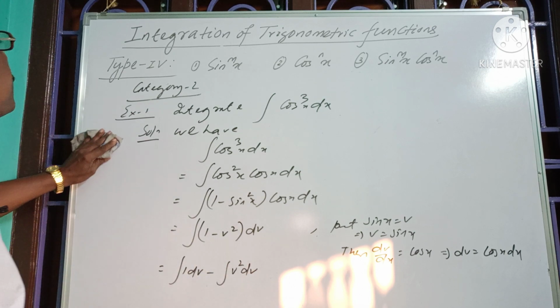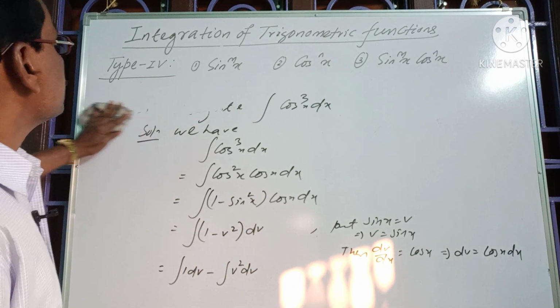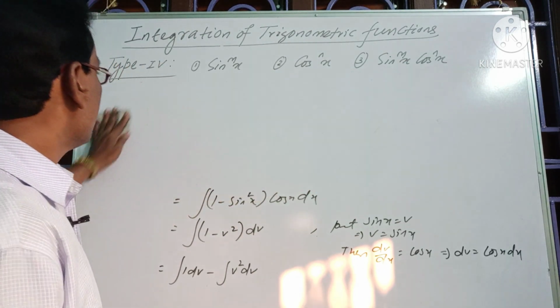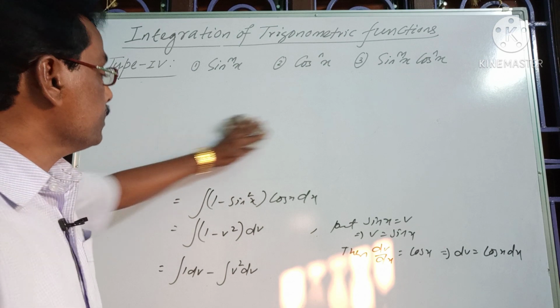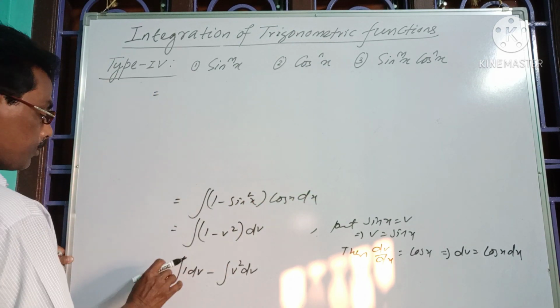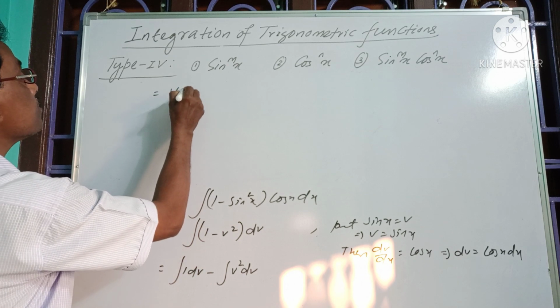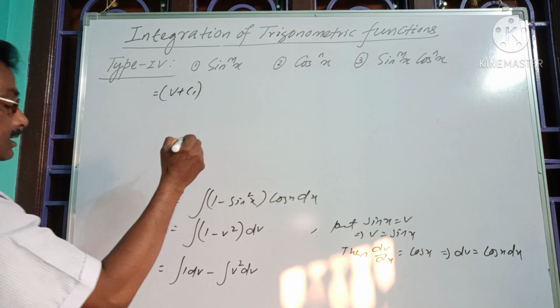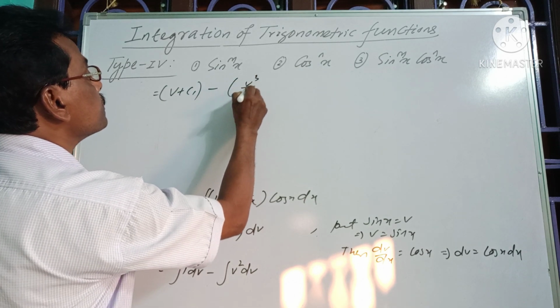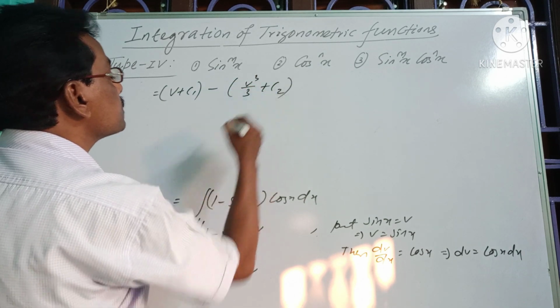So now integrating, the integration of 1 with respect to v will give us v plus c1, the constant of integration, minus the integration of v square, which is v to the power 3 by 3 plus c2 as the constant of integration.